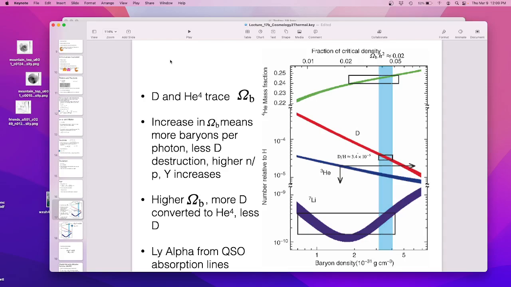By looking at how much helium-4 we have to how much deuterium we have in the universe, we can measure what the baryon density was when all the helium was formed. Does that make sense? So we measure the ratio of deuterium to hydrogen, D to H, which tells us when and how dense.